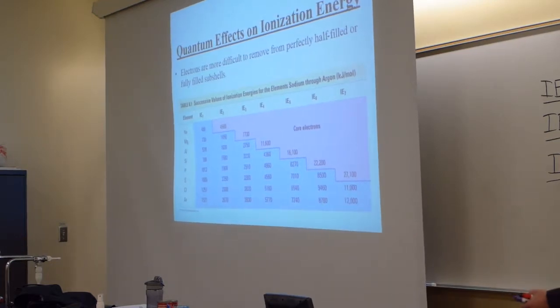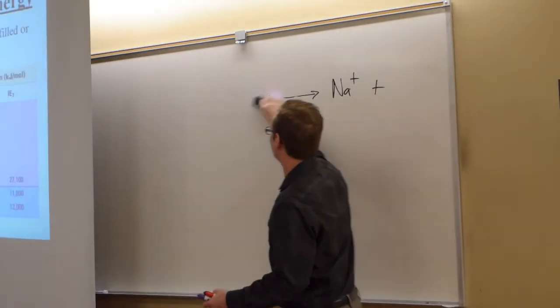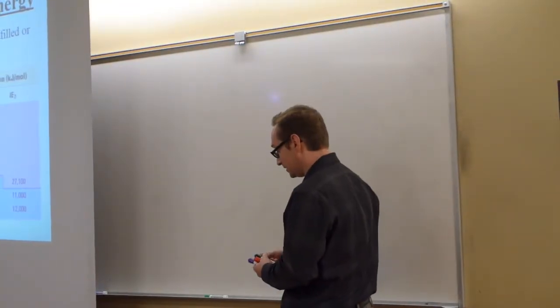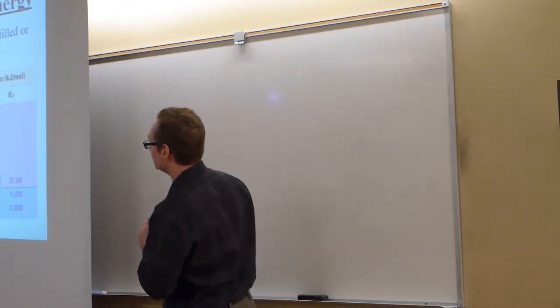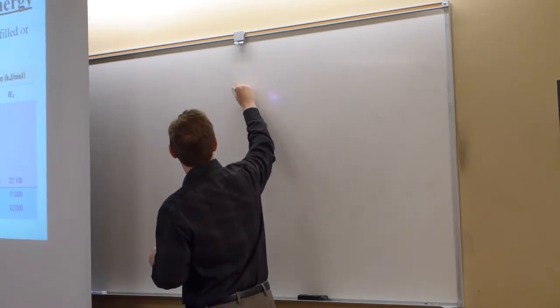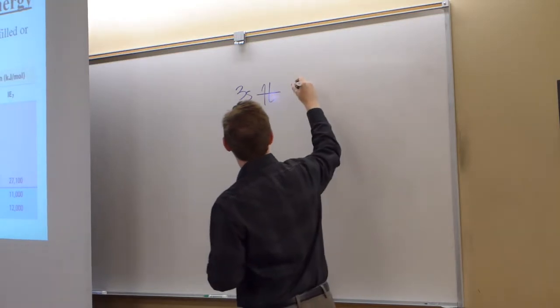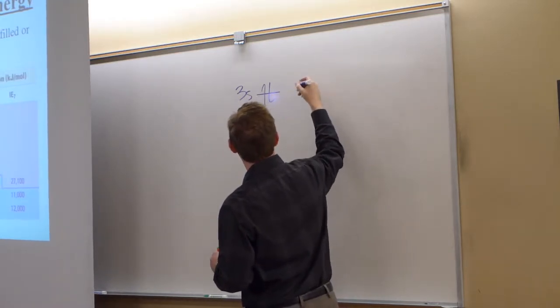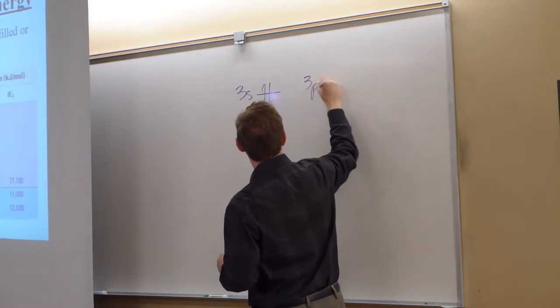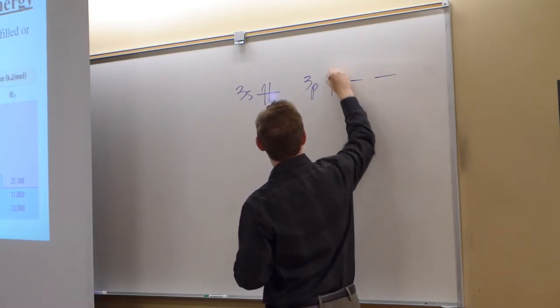You're adding an orbital. Right, so here's the quantum mechanical aspect of ionization energy. If I'm going from 3s2 and then I've got 3p1, right?